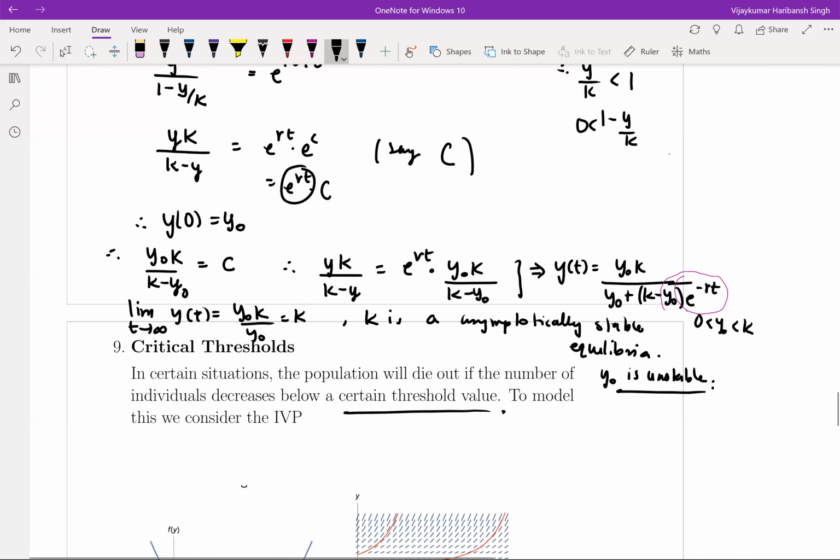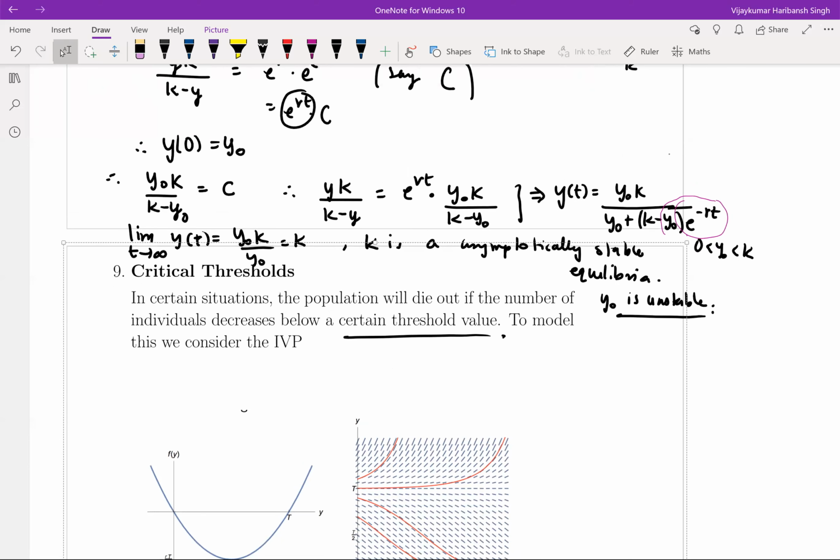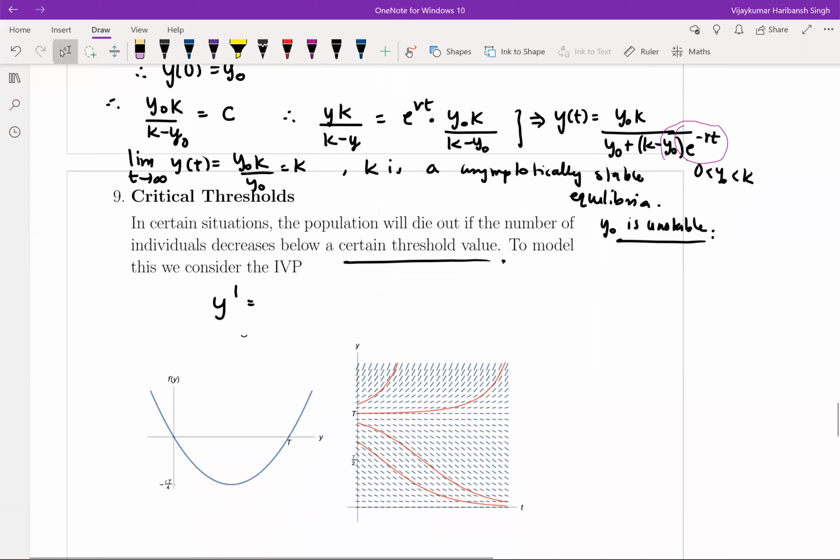To model that IVP, we'll have y prime equals minus r times (1 minus y by T) times y, with y of 0 equals y naught.